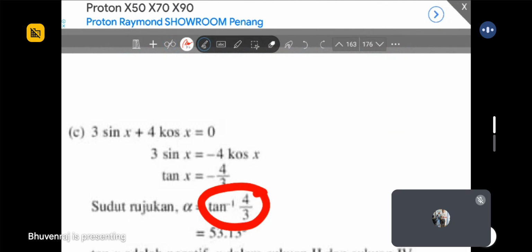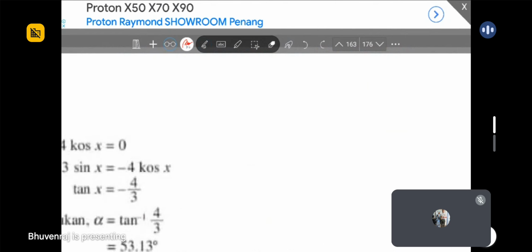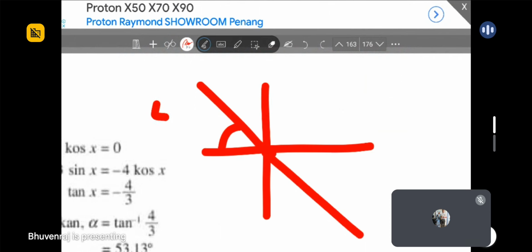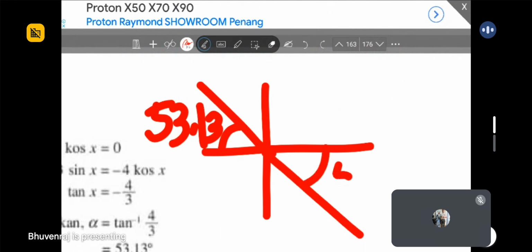Okay, can you see, guys? You can only shift tangent nilai yang positif. Only the positive answer. So negative sign, you need to ignore. Abaikan. Alright, so your answer is quadrant 2, quadrant 4. Okay, so you just draw the quadrant 2, 4. Okay, so this one will be 53.13 and this one is also 53.13.